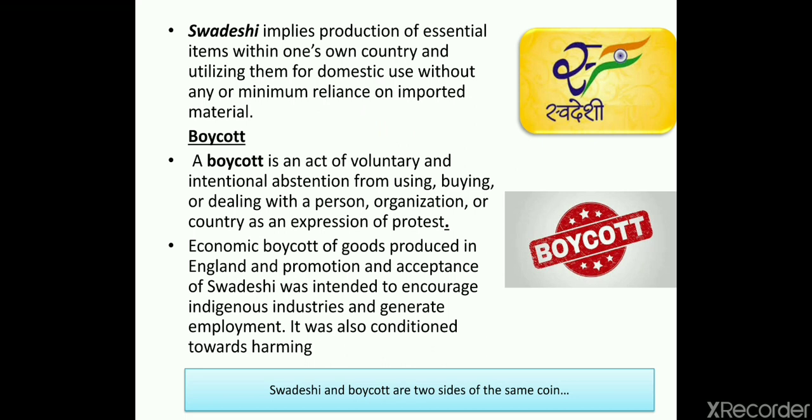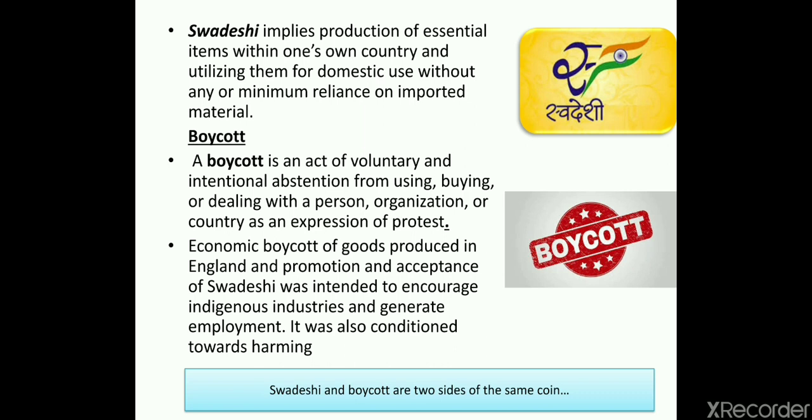Economic boycott of goods produced in England and promotion and acceptance of Swadeshi was intended to encourage indigenous industries and generate employment. As we know, if we were boycotting the British goods, something was required in place of those goods, and that was manufactured in our own country as per the Swadeshi method, right?